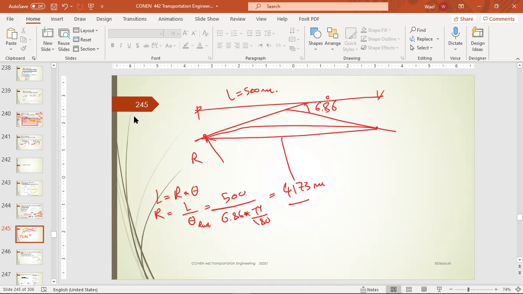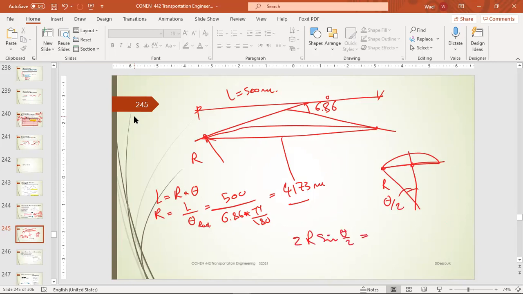So let's calculate the chord here. The chord would be 2 R sine theta over 2.